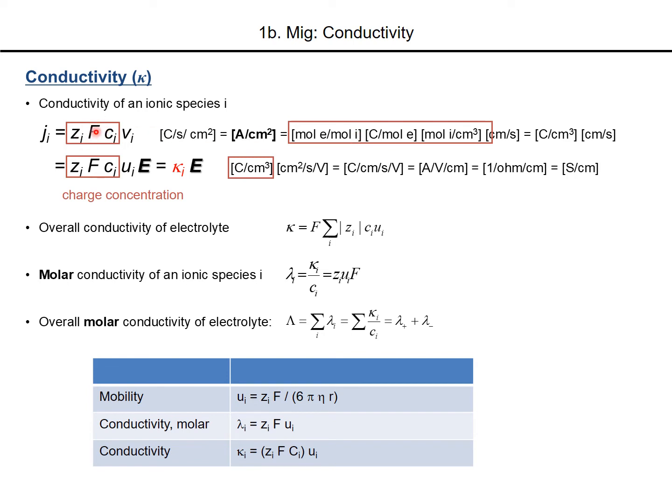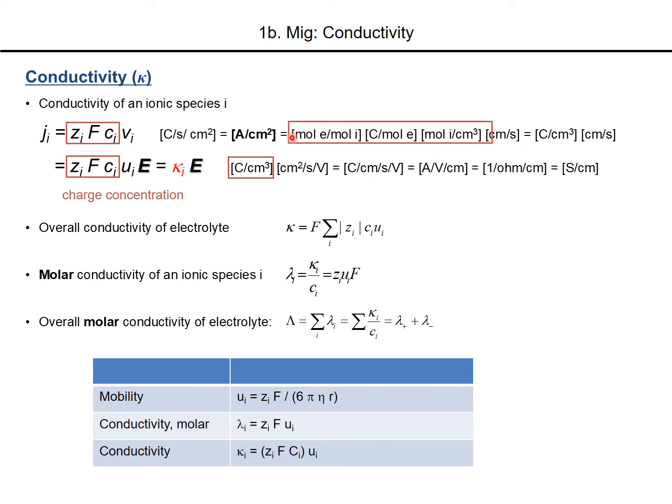The next one is the Faraday constant, Coulomb per mole electron, and the concentration of species i, so mole of species i per cubic centimeter, and the velocity, centimeter per second.